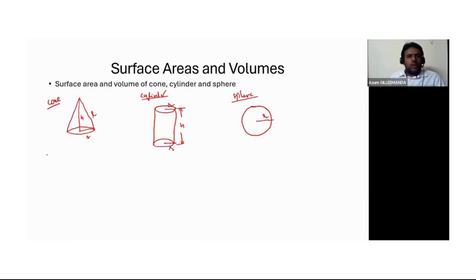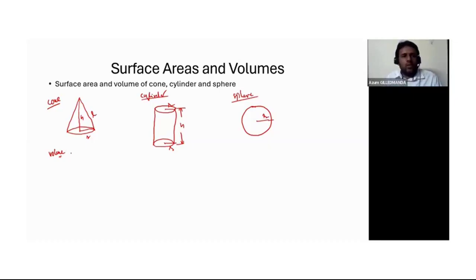Now, what is the volume of a cone? Volume means, for example, we have a bucket. If you fill the bucket with water, we can say it is a 20-liter bucket or a 30-liter bucket. So that's the volume, how much water it can accommodate.